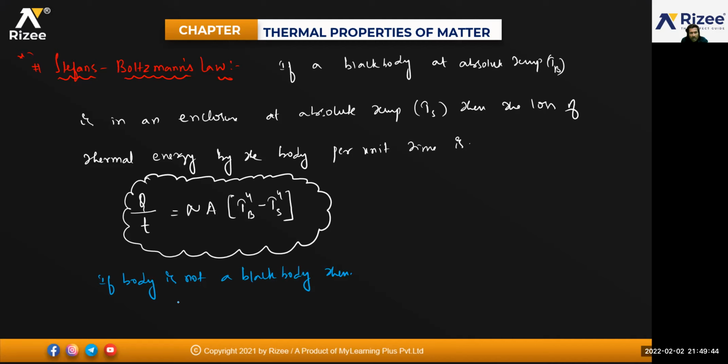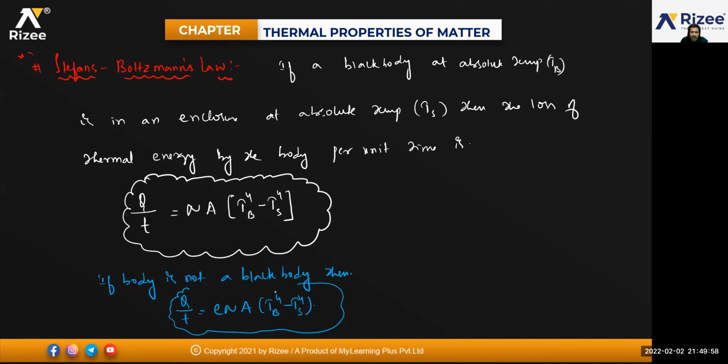Then I can write Q by T, and we introduce a term called emissivity, into sigma into A into (TB to the power of 4 minus TS to the power of 4). This will give me the answer. I'm writing basic mathematics here. If you can remember this, it will be easier to do the calculations.